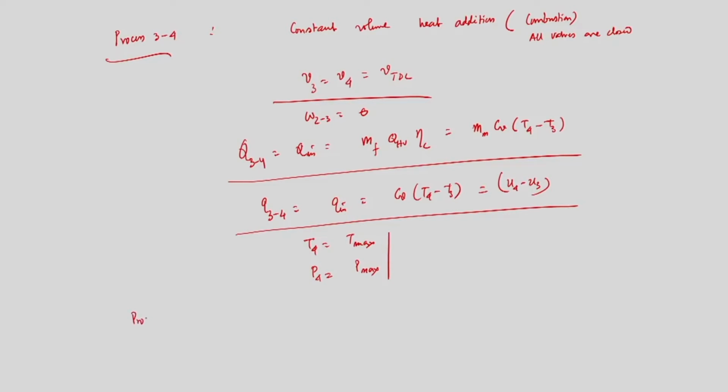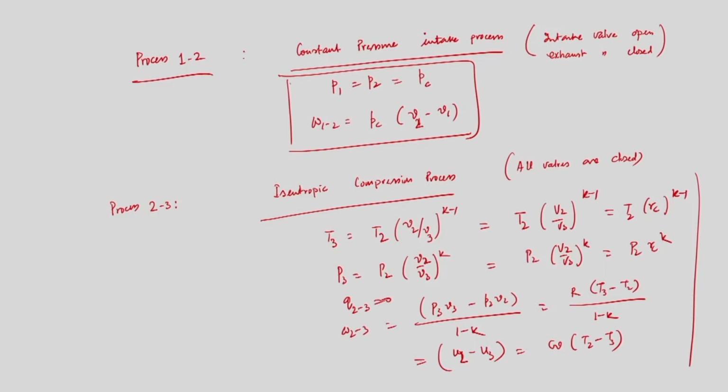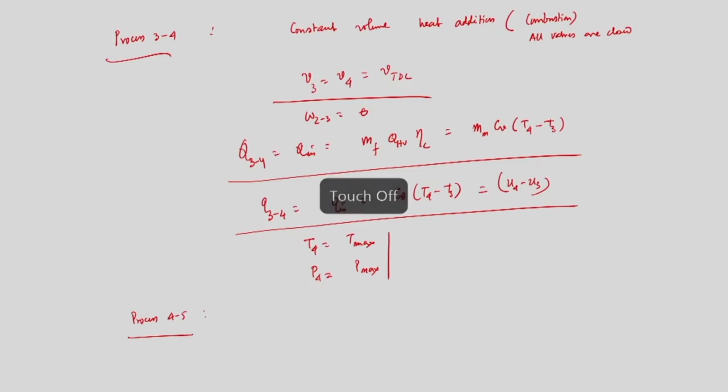Then process 4 to 5. What is process 4 to 5? If you go back to my previous slide, process 4 to 5 is isentropic expansion. Of course we can write the relations, but again we need to calculate pressure and temperature. T4 is equal to T max, P4 is equal to P max.